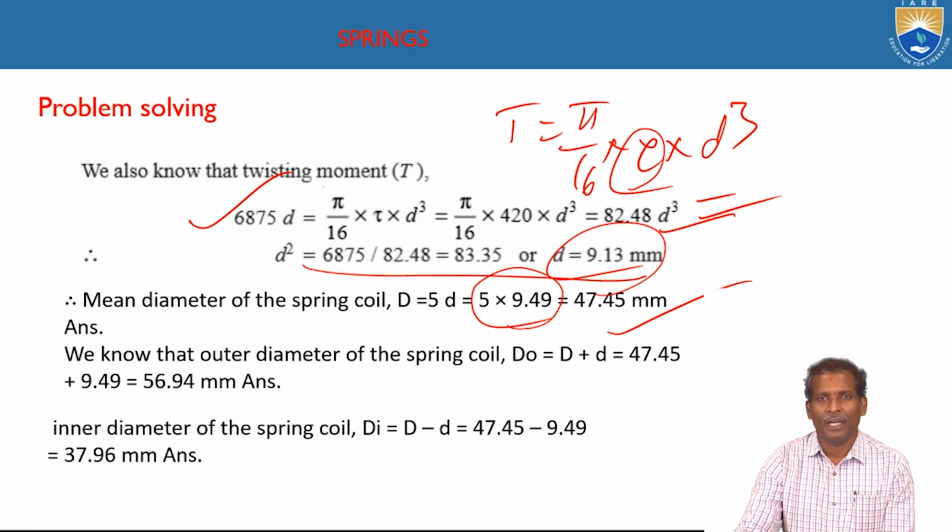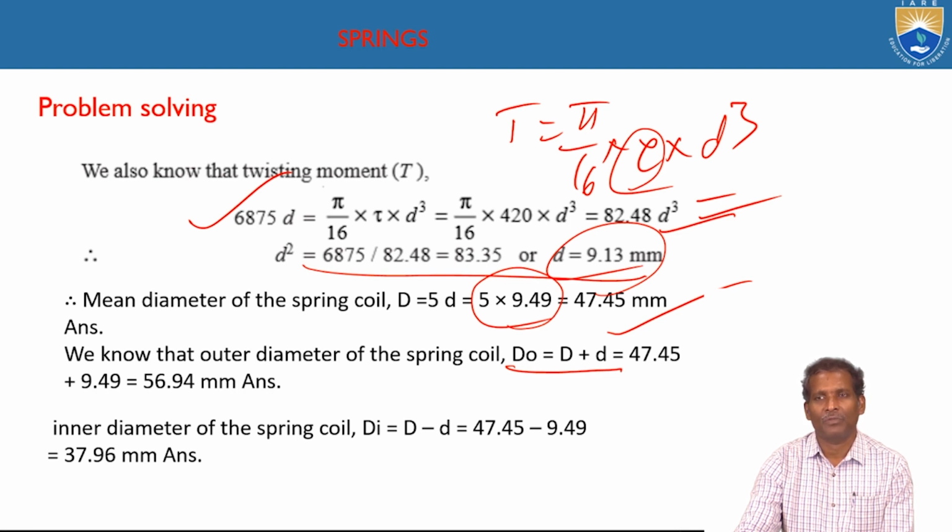So next one, you know that outer diameter of the spring coil, D naught, is equal to capital D plus small d. So outer diameter of the coil is equal to the summation of mean coil diameter plus wire diameter.